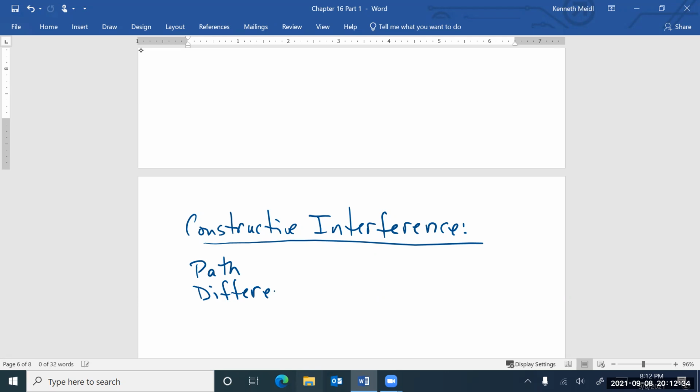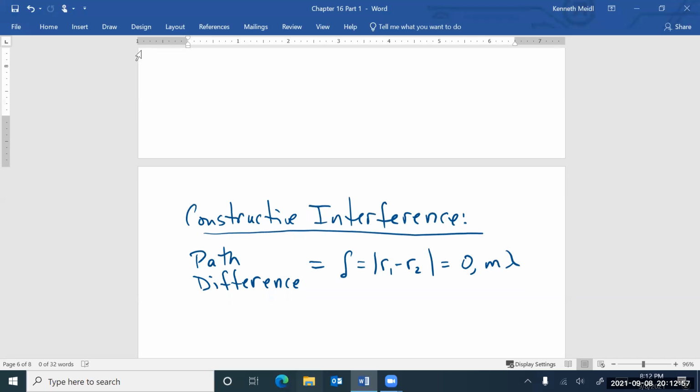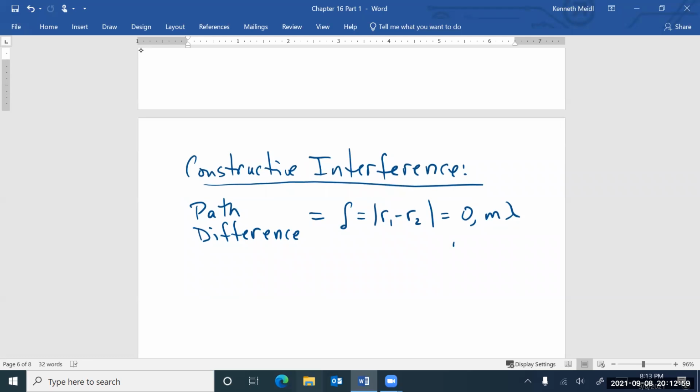Instead of writing this out all the time, typically your textbook will use the Greek letter delta. That's the difference of one path minus the other path, and I'll draw this out in a second. If this is 0 or a whole number of waves, you've got constructive interference, where M is 0, 1, 2, 3, 4, any kind of counting number.